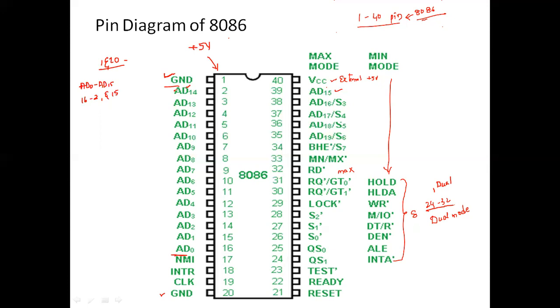We know that the 8086 microprocessor has a 20-bit address bus and a 16-bit data bus.